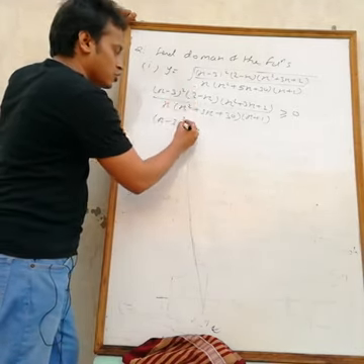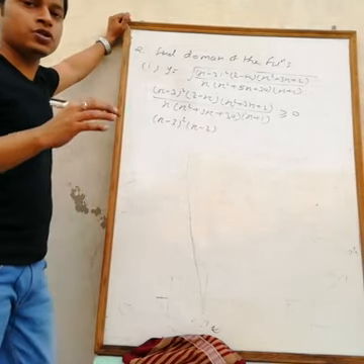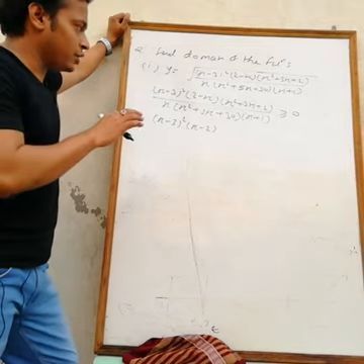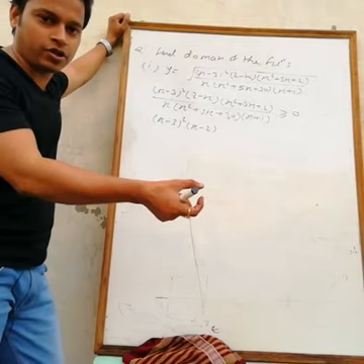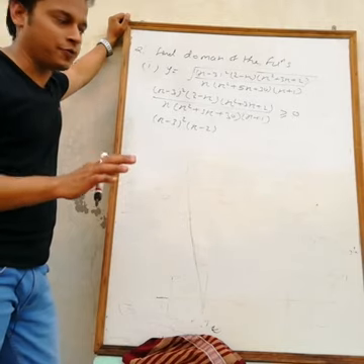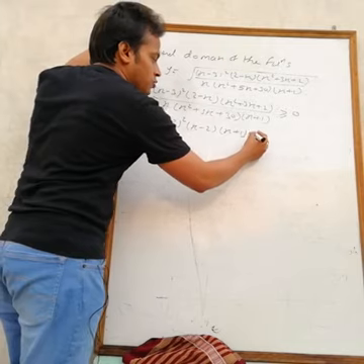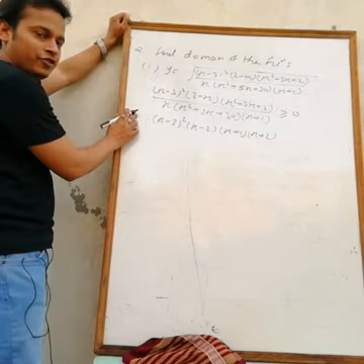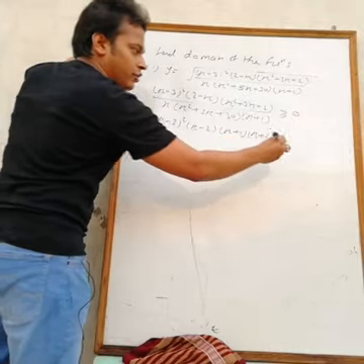I am taking minus common, then this becomes x minus 2. Why am I taking minus common? To arrange this so that I can use the rule of sign scheme. So coefficient of x must be positive. Factorization: (x plus 1)(x plus 2). Here we have one negative sign. I am multiplying this to the other side, so I have to change the sign.